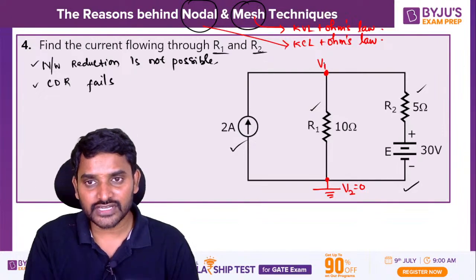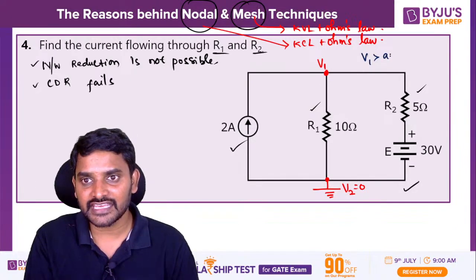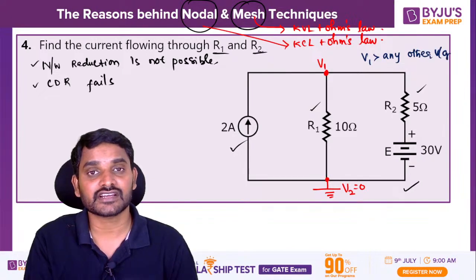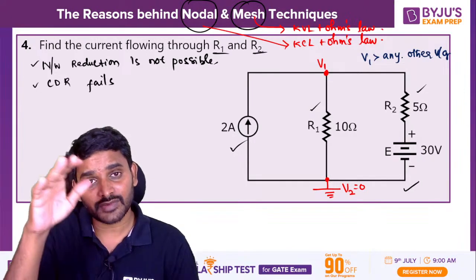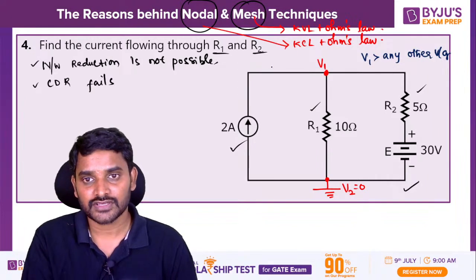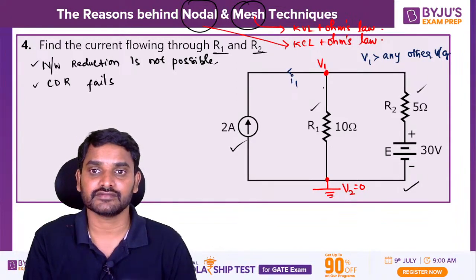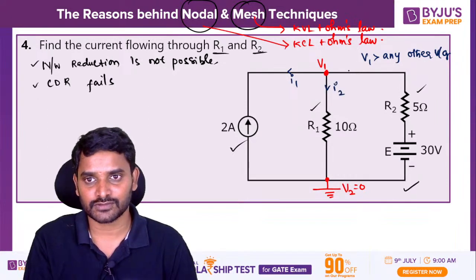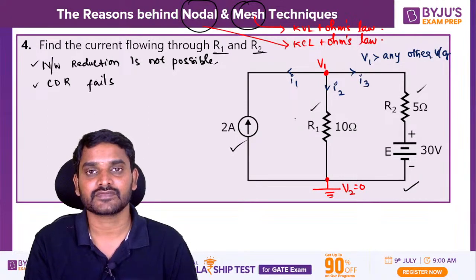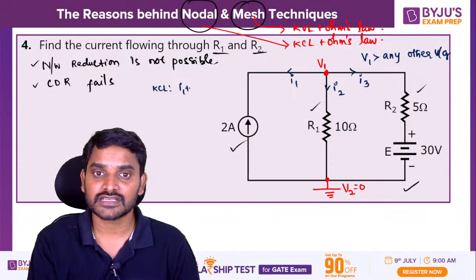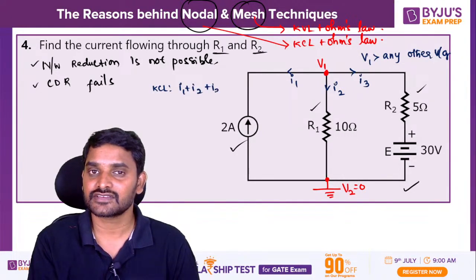Current always flows from higher potential to lower potential. So let me assign from this side I1, this as I2, and this as I3. If I write KCL, then it will be I1 plus I2 plus I3 equals 0.